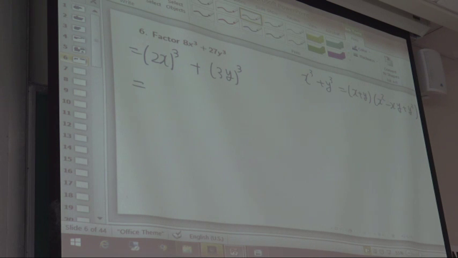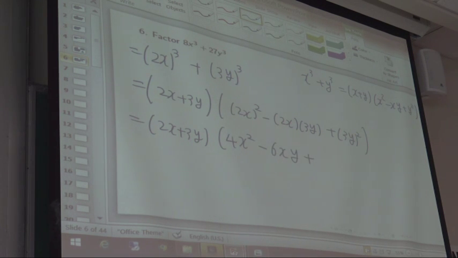Then I can use this formula, which is 2x plus 3y times 2x squared minus 2x times 3y plus 3y squared. So that is 2x plus 3y times 4x squared minus 6xy plus 9y squared, since 3y squared is 9y squared. So this is the factorization.